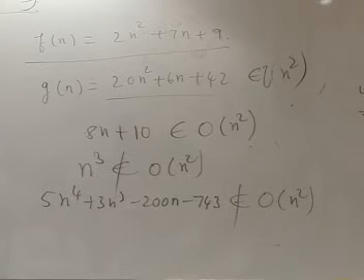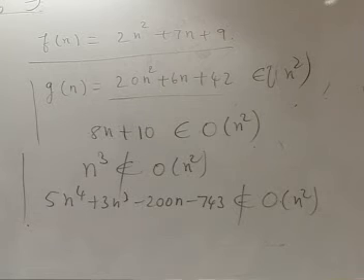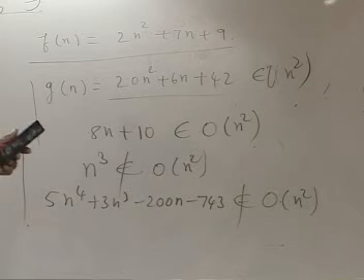Therefore, this cannot belong to big O of n square. So, here are the examples which belong to O of n square. Here are the examples that don't belong to O of n square. In this way, for any function, you can find out who belongs to O of n square by this test. Okay, question there?